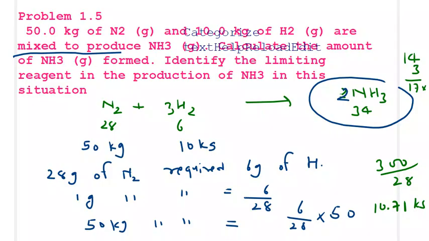On the reactions, if we take 50 kg, we required 10.71 kg of the hydrogen, and what we have given is 10 kg. Means here hydrogen is a limiting reagent, and according to hydrogen the product will be formed. Okay, this large amount, we have only small.